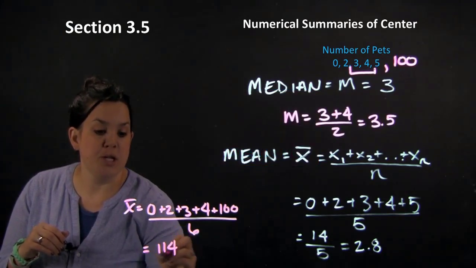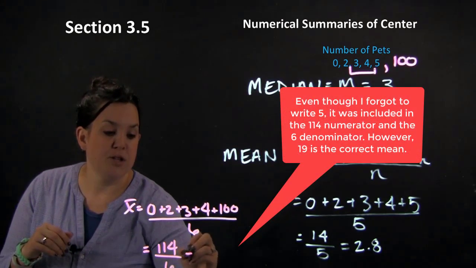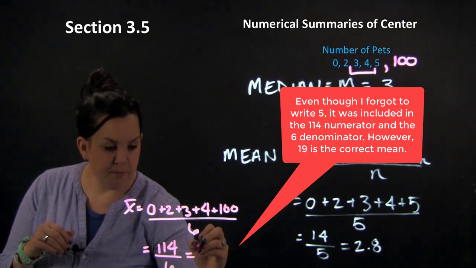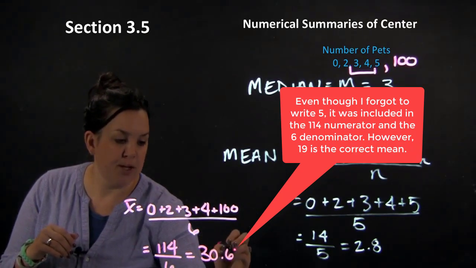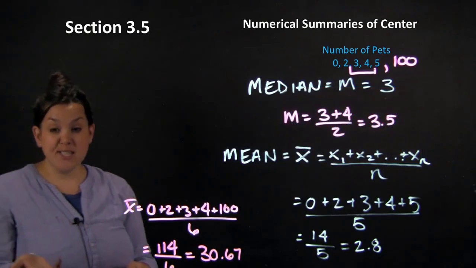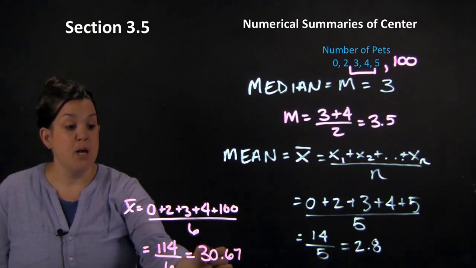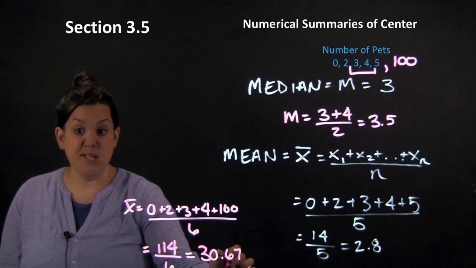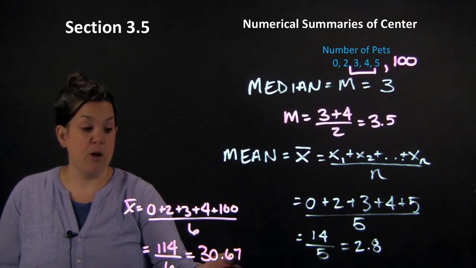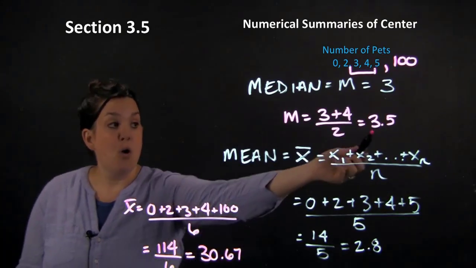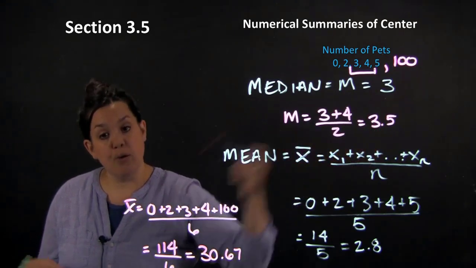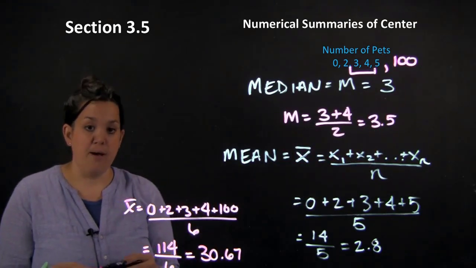So I have 114 divided by 6, which gives a mean of 30.67. You can see the significant impact that the outlier has on the mean. Here I have a mean of 30.67. It's very, very largely impacted by that outlier, whereas the median is not. It only moved a little bit, to 3.5.